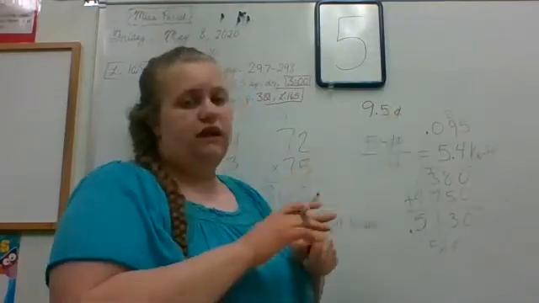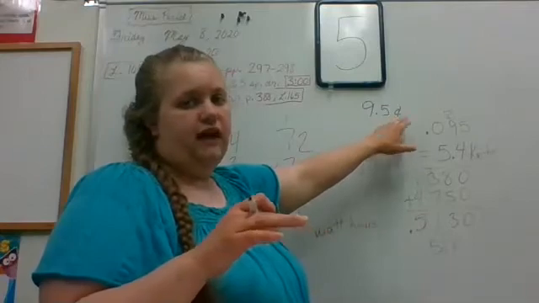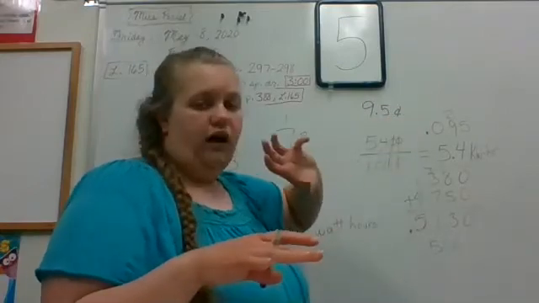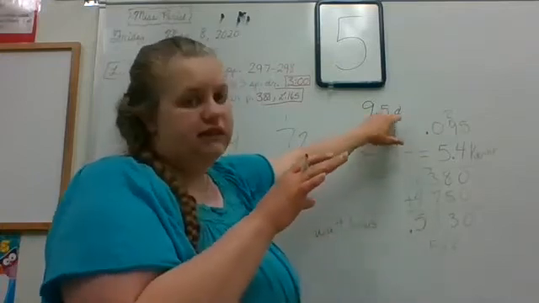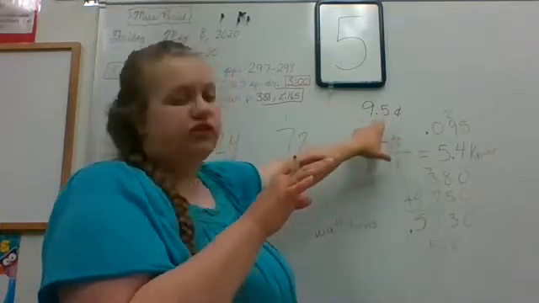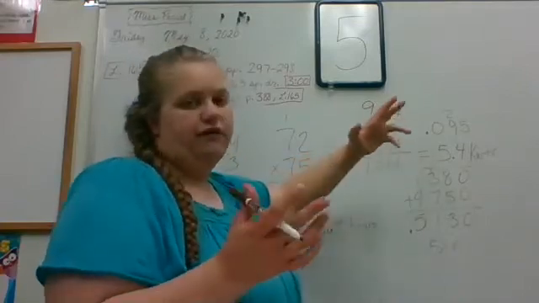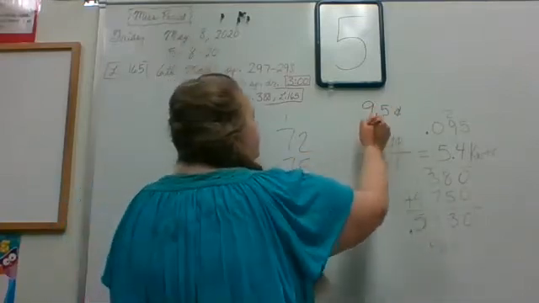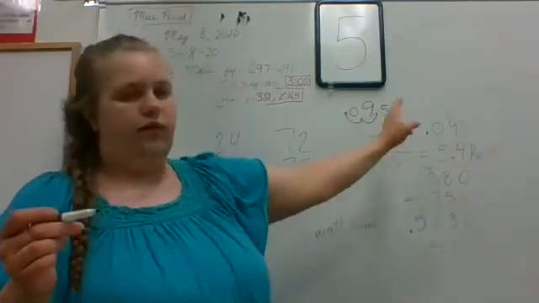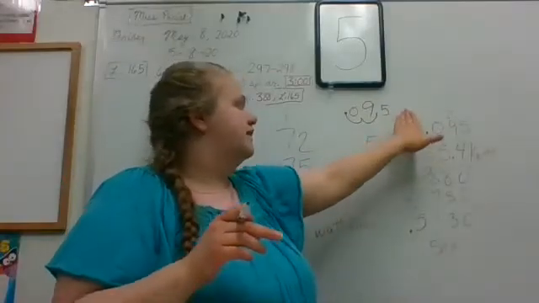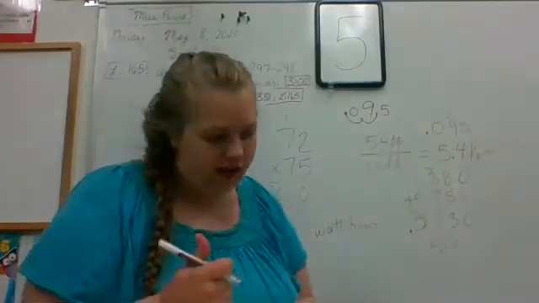When we have the cent sign, it's not with the dollar. So we either have a cent sign or a dollar, and usually you don't have a decimal with the cent sign unless it's like 9.5, right? So then you just move this 2 places to get what you're multiplying, and then you take off the cent sign like we do with our percent, okay? So that's how to change that.